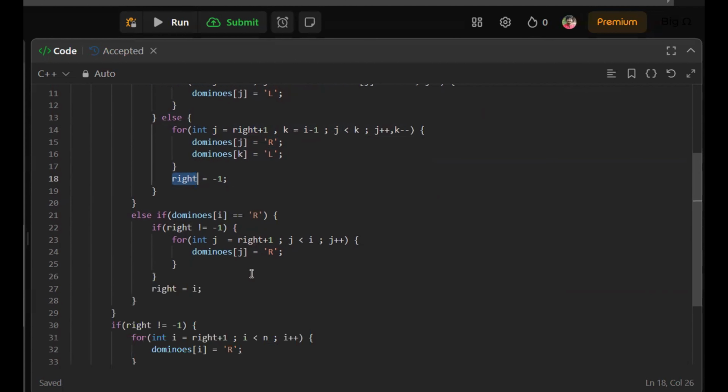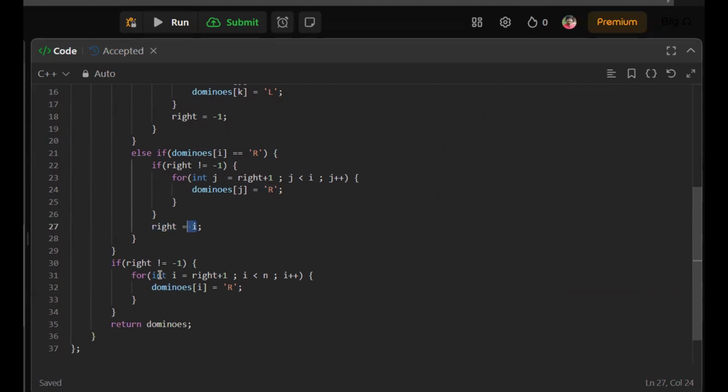Now, it can be possible that currently our domino is falling to the right side. So here, we have to check whether we have any previous right dominoes or not. If we have any previous right dominoes, in those cases, we have to make all of the dominoes in this range fall to the right direction and update the right pointer, which is i.